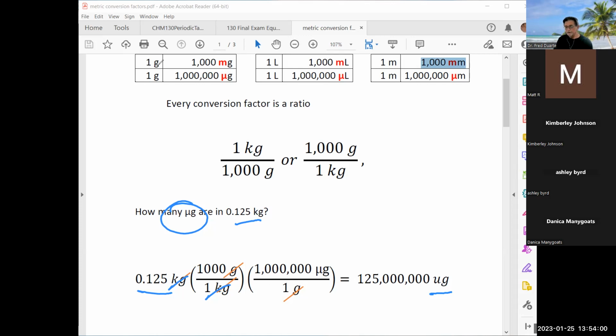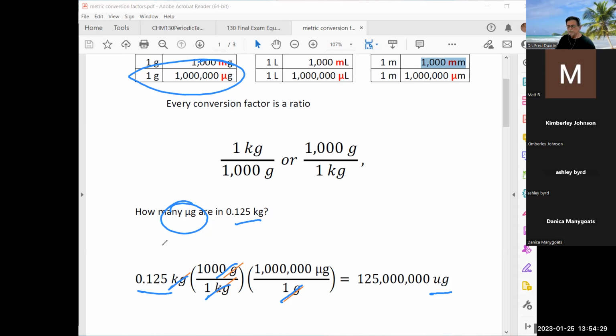And I know based on the table up here that there are 1 million micrograms in 1 gram. So you can see how my grams cancel as I carry the math through. Okay, and so with respect to units, it is set up properly. And now it's up to you to type in the numbers and get the answer.